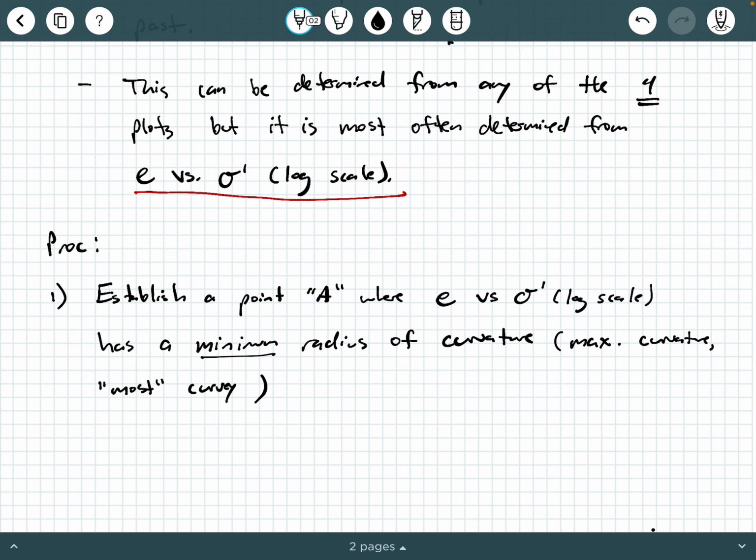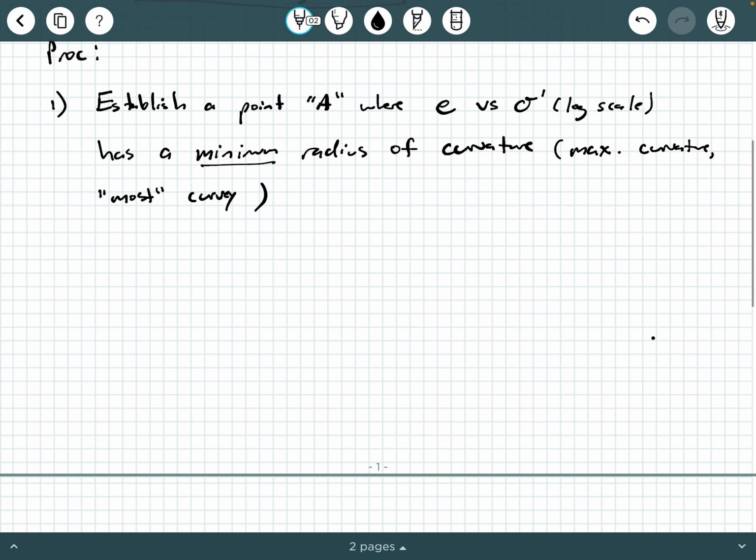So that's step one. Step two is draw a horizontal line AB.